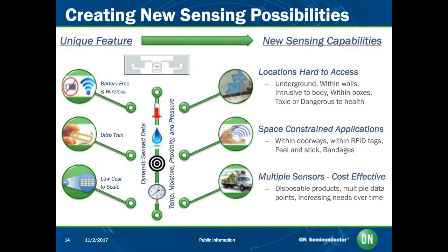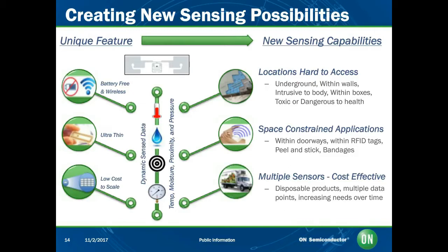With this type of technology, I want to highlight again, this is not looked at as something that will replace traditional electronic sensors. It is effectively a complement. It will open up applications that were really not possible or feasible to do with traditional sensors. Again, we have some unique features. They're battery-free and wireless, so you can put them in locations that are hard to access. They can be underground. They can be placed within a wall.